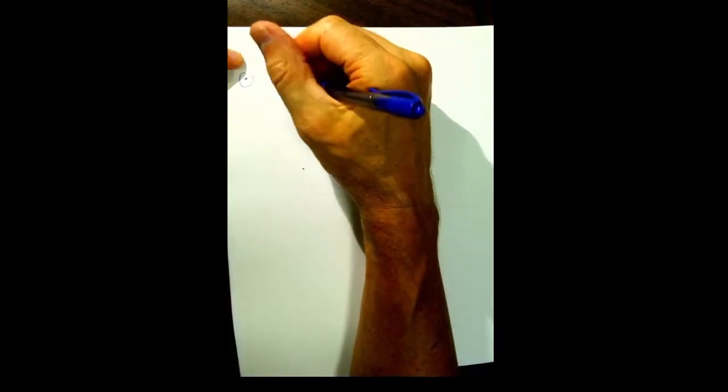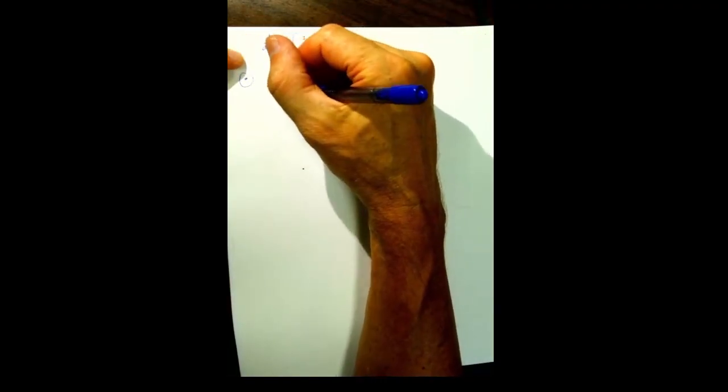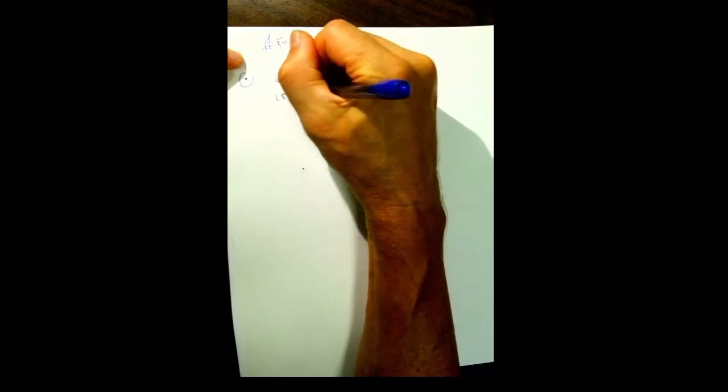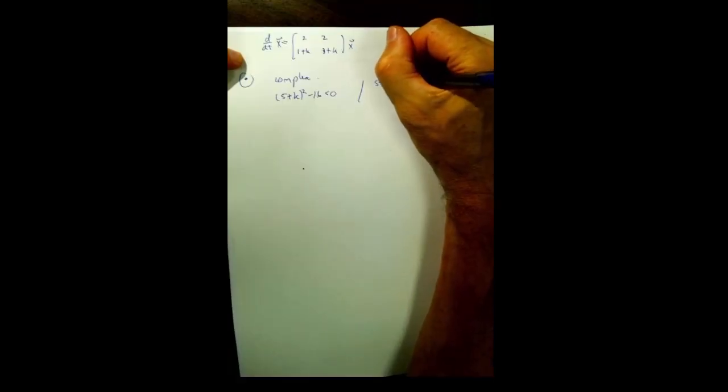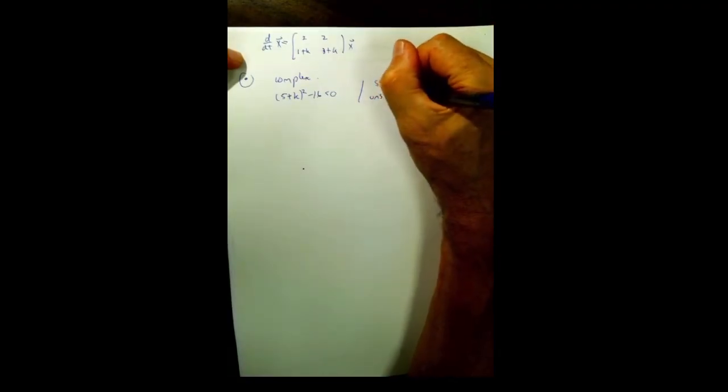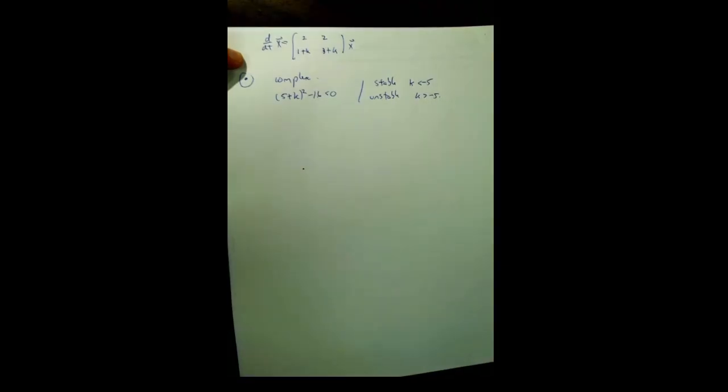We're looking at the complex cases, so we know that (5 plus k) squared minus 16 is negative, and for the stable case, k is less than negative 5. For the unstable case, k is greater than minus 5. And we call this case 1 and this case 2.